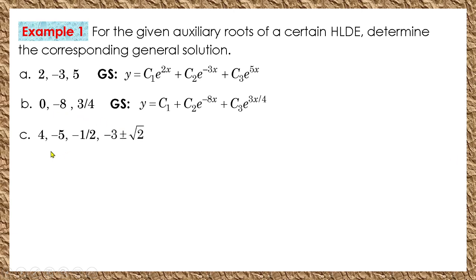What about if you have 1, 2, 3, 4, 5? How many? 1, 2, 3, 4, 5. There are 5 distinct real roots.